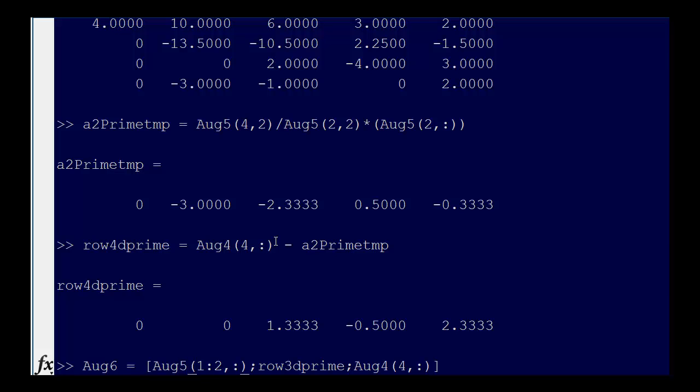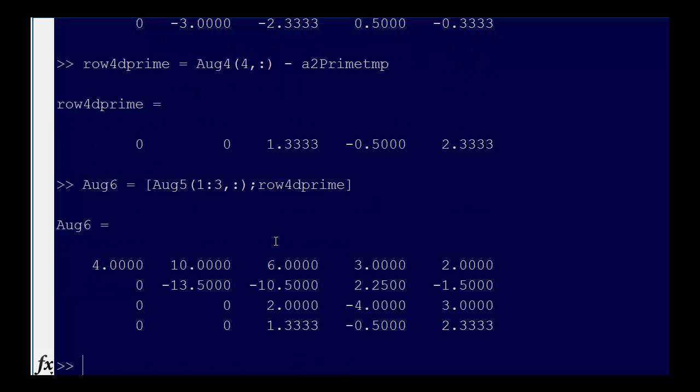That's going to just equal og5, and we're going to get not just the first two, but the first 3. And then for the fourth row, it'll be row 4 d prime. And that is it. Look at that. So we zeroed out those entries. We zeroed out those entries.